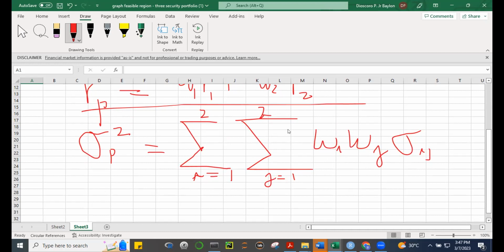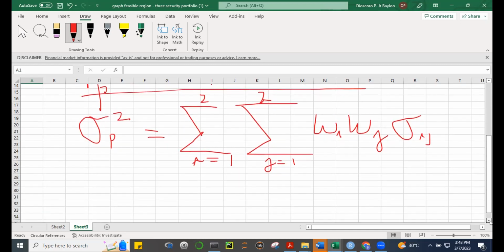So we just have to perform this. This is pairing from 1, 1, and then 2 up to 2, 2. So what we do is to pair. First, let's do 1 with 1, and then 1 with 2, and then 2 with 1, and then 2 with 2, because those are the possible pairs that you can do.